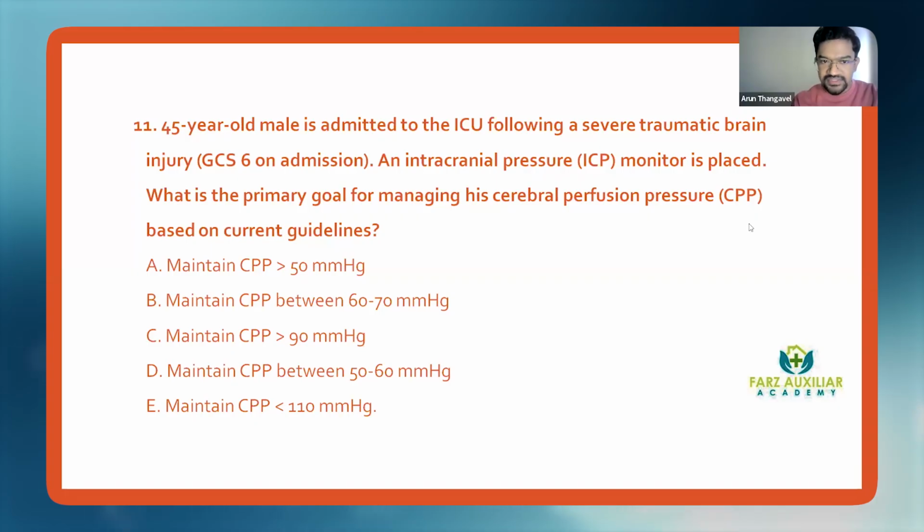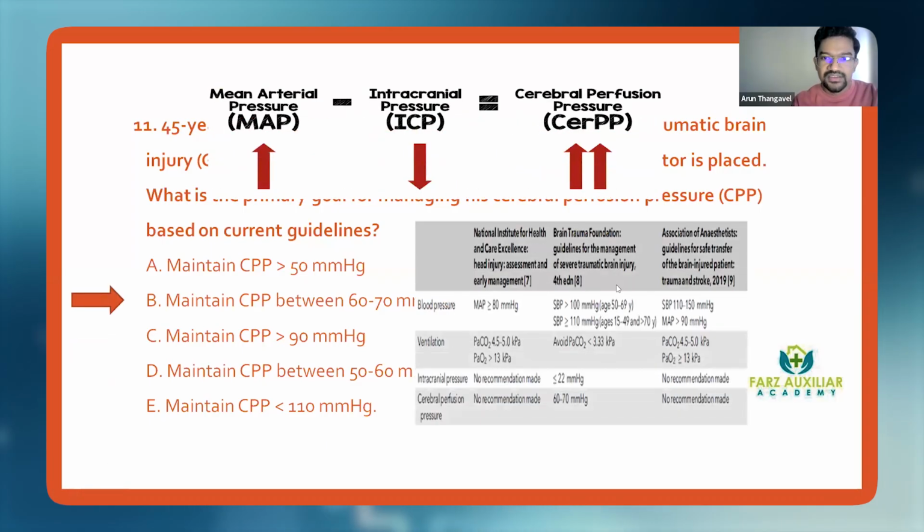It's pretty straightforward, right? 60 to 70 is the target, which is correct. Cerebral perfusion pressure is just the difference between your mean arterial pressure minus the intracranial pressure.